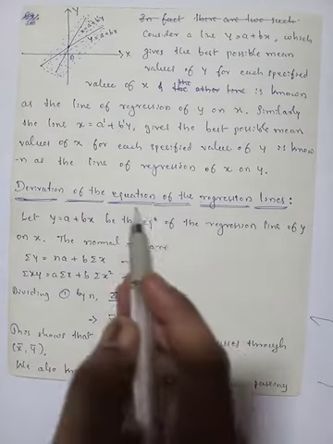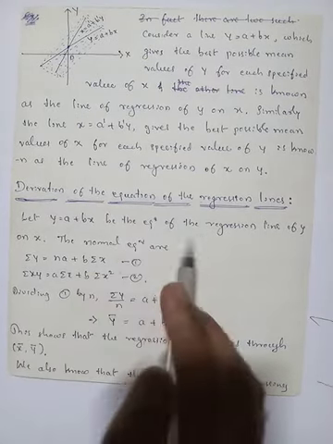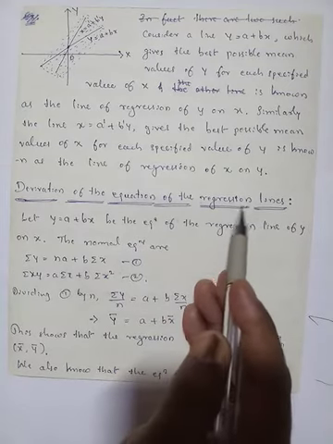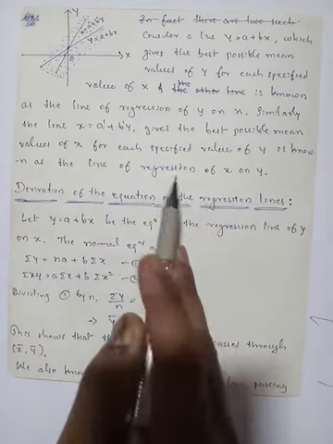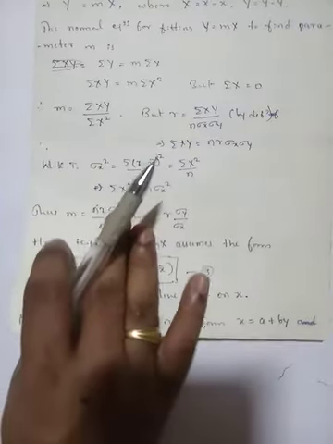Here these are the derivations, but the derivations are not in the syllabus. So directly we take the formula to find the regression lines x on y or y on x. Okay, so here is the formula.